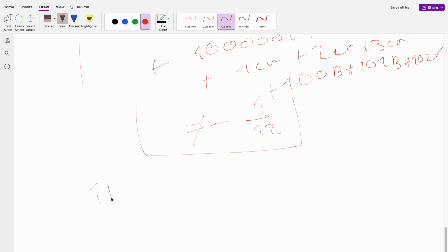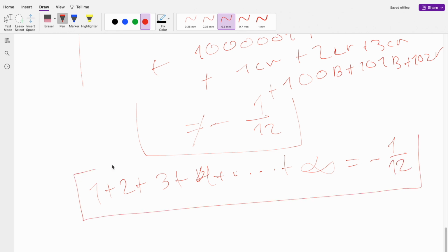But when you write 1 plus 2 plus 3 plus 4 plus dot plus infinity equals negative 1 by 12, it's right. If you put a summation here and limit this to infinity, you are giving access. This infinity is magical. You're giving the infinity access to do anything.